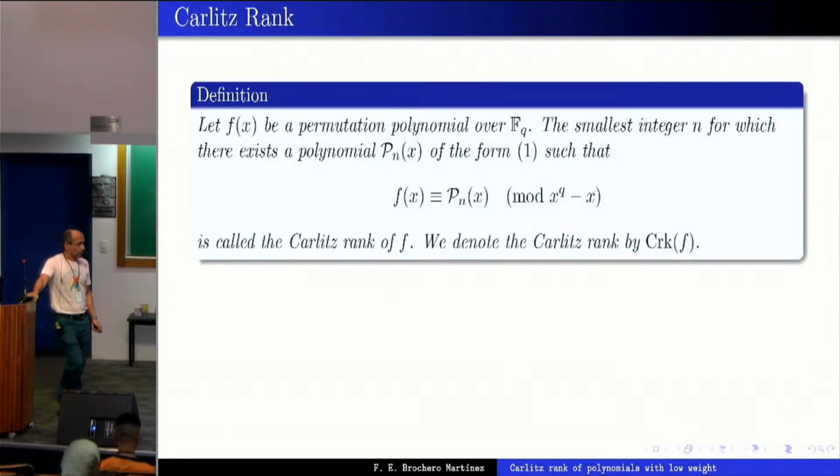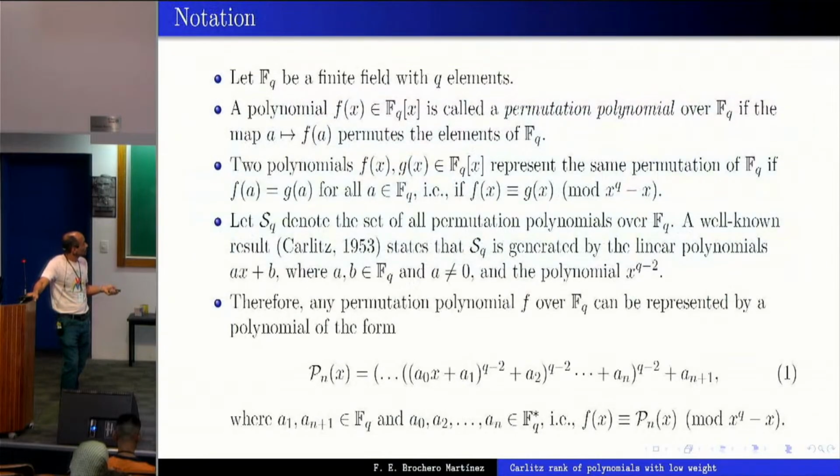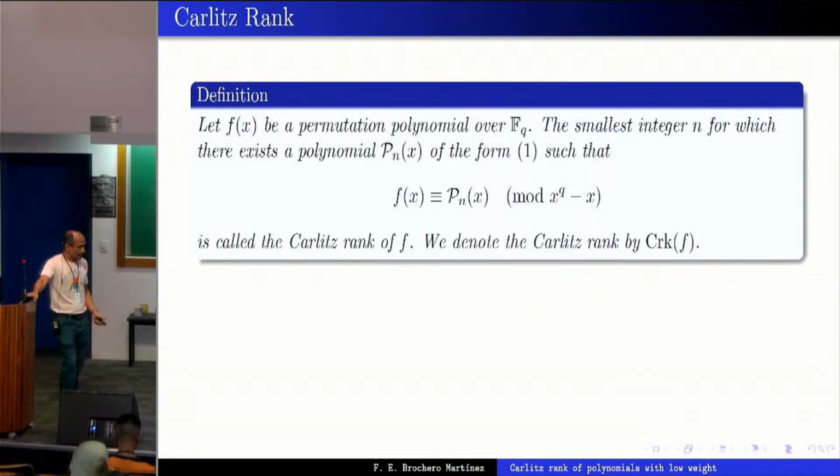Then we have the following definition. We have a polynomial that is a permutation polynomial. The smallest n for which there is a polynomial P_n of this form such that f is congruent with P, we call the Carlitz rank. It is exactly the number of inversion functions.